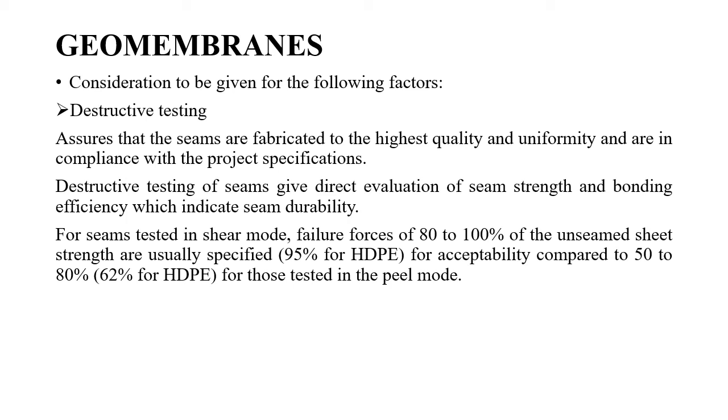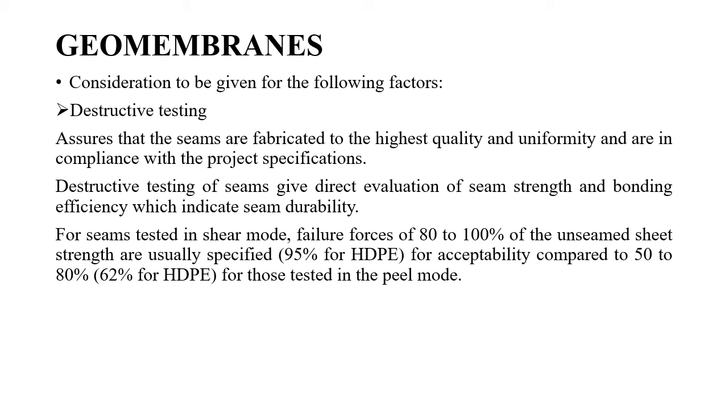Destructive testing can be laboratory testing or field testing. The main two tests conducted to evaluate the seam strength are the peel test and the shear test. In the shear test, two geomembrane fabrics which are seamed together are tested to evaluate the seam, that is, how much load the seam or stitch can take.